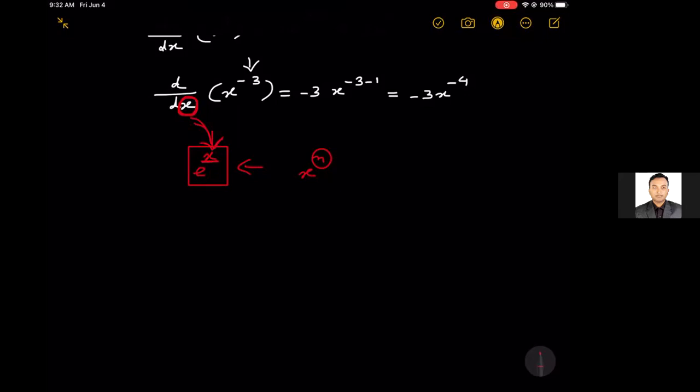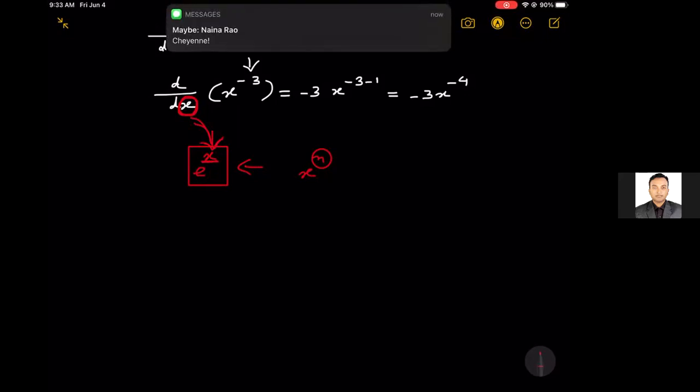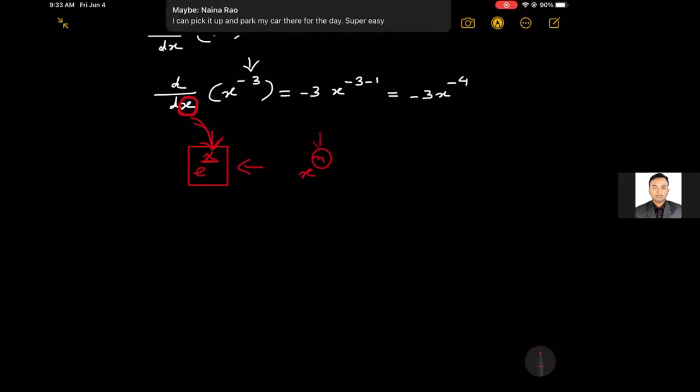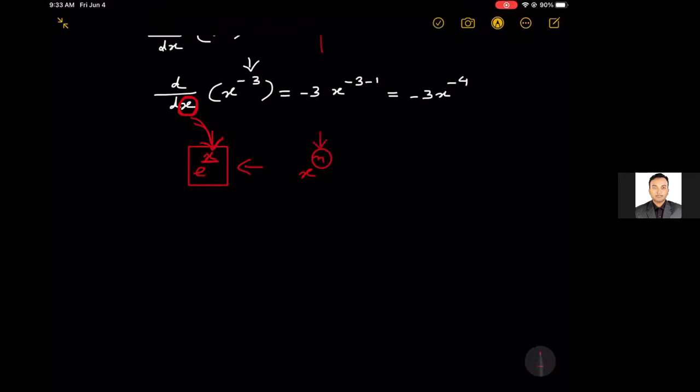If that's the case, we can't really use the power rule. As a power, this n has to be a value. It doesn't need to be a non-negative integer, as I said, but it has to be a value.